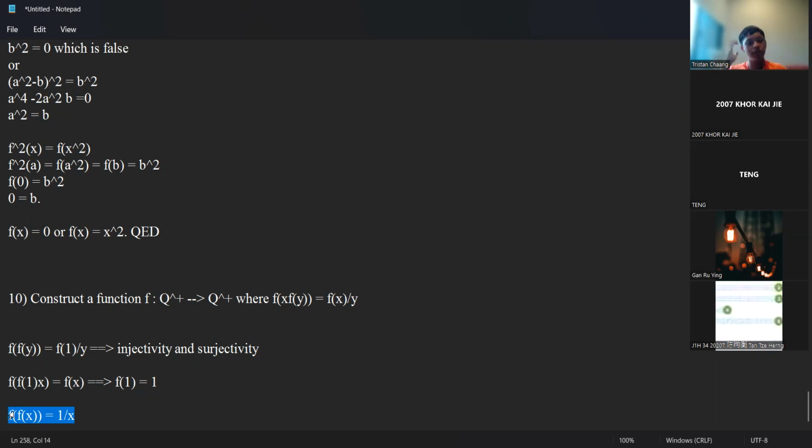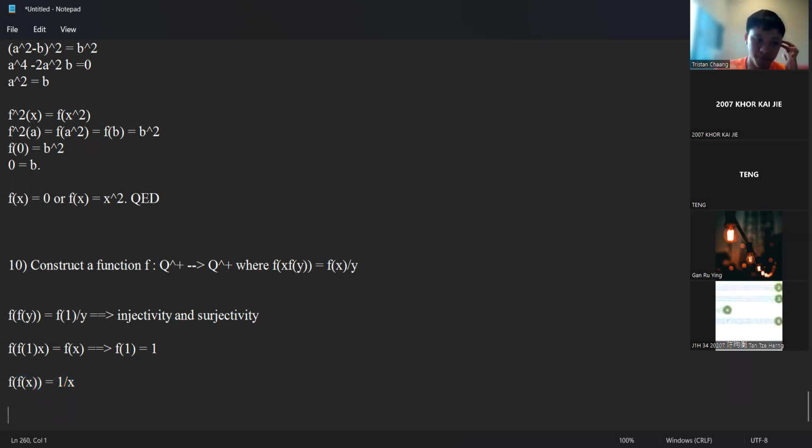Any ideas? 1 minus 1 over x didn't work.